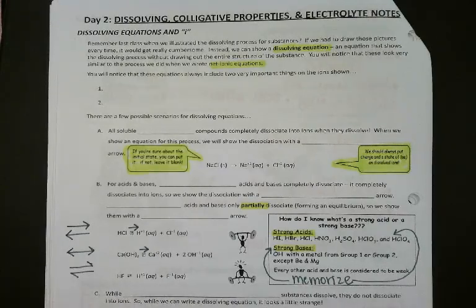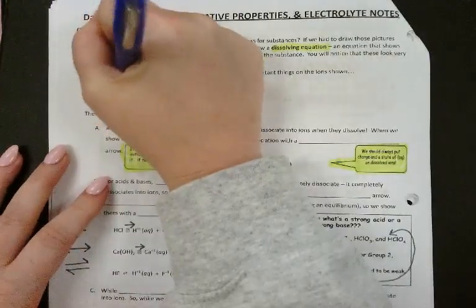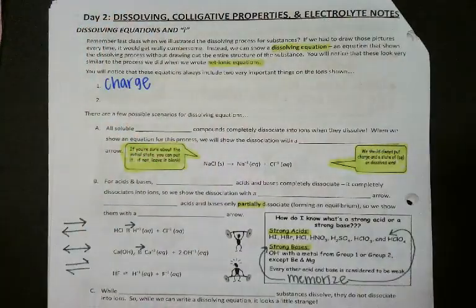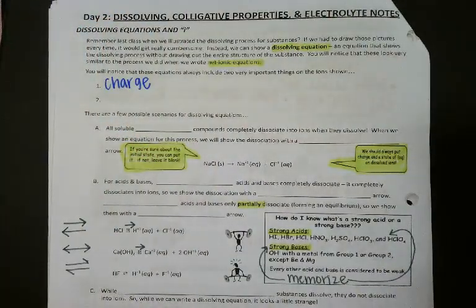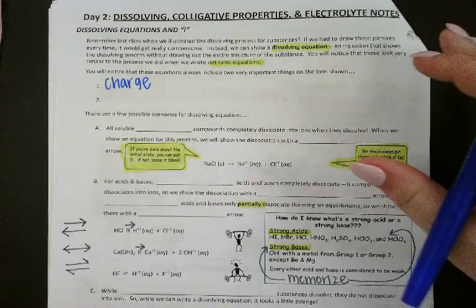Who remembers net ionic equations? Anybody? What was something that you always had to have when you wrote out your net ionic? The charge, so that's the first one. Okay, and what is another thing that you always had to have?